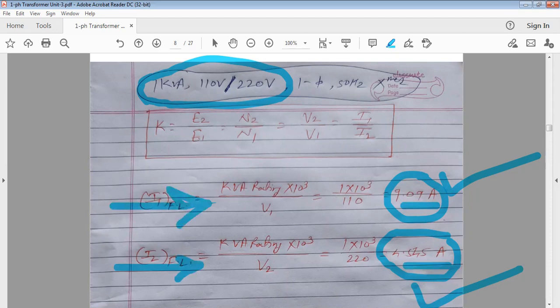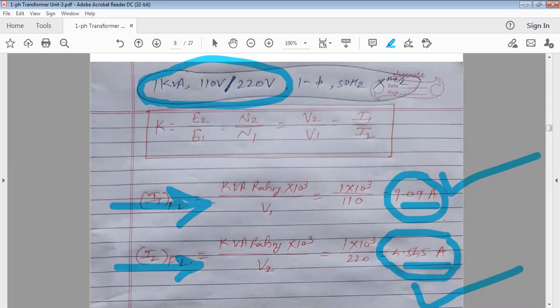The primary winding is made of copper, the secondary winding is made of copper, and both are insulated with some insulating material. So what will happen to these windings? They will burn, and the replacement or repairing cost of the transformer increases, since you have to replace the windings.